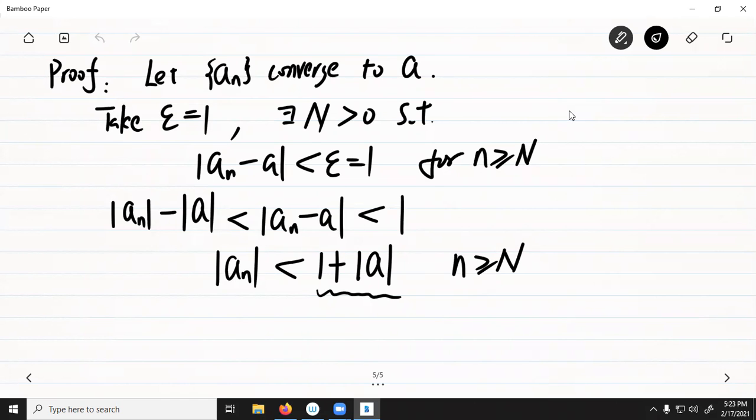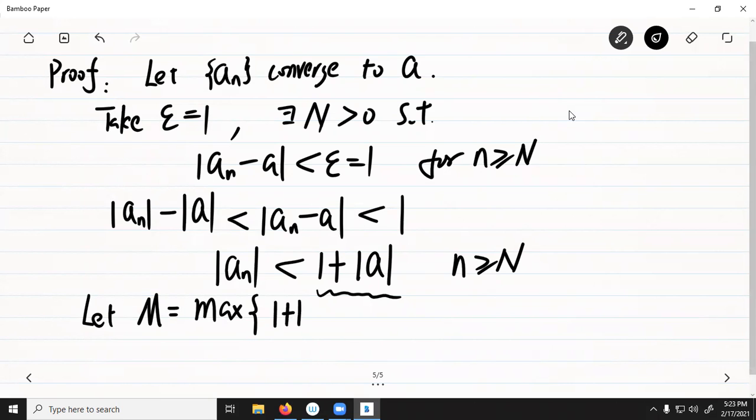So we let our m to be the maximum value of what? For n greater than or equal to capital N, it's bounded by 1 plus the absolute value of A, right?